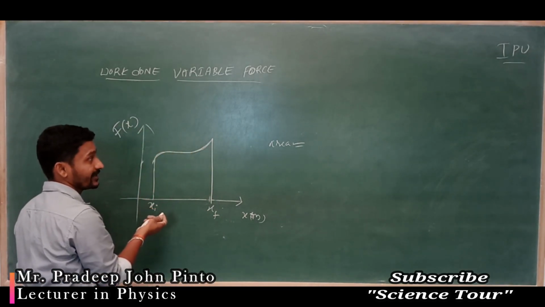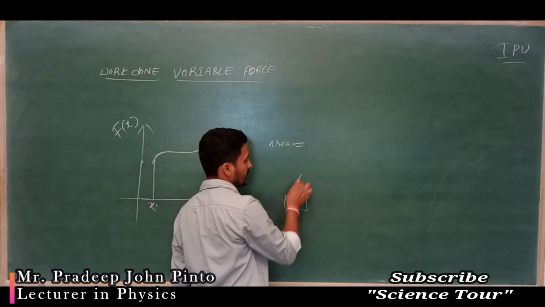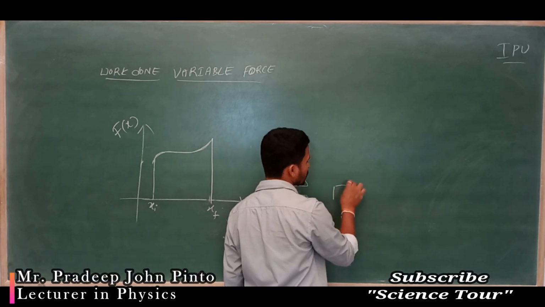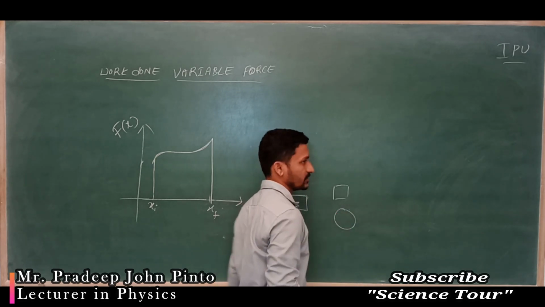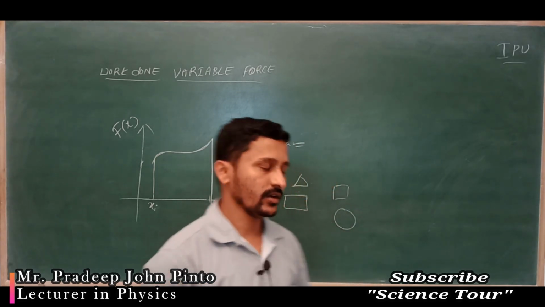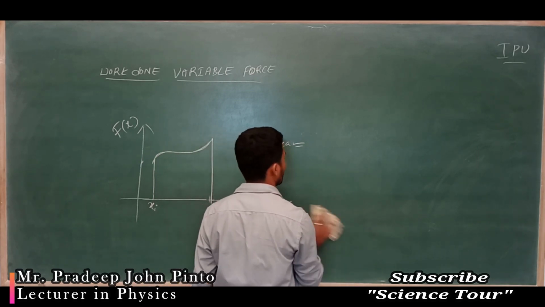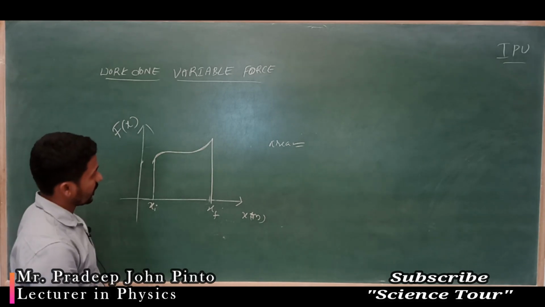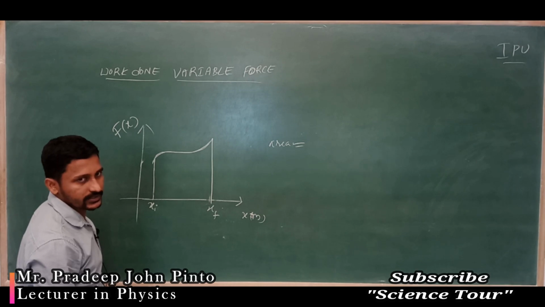This is not a standard geometric shape. If it was a triangle, a rectangle, a square, any standard shape, you would have found the area of the curve. But now how are we going to calculate the area under this curve?